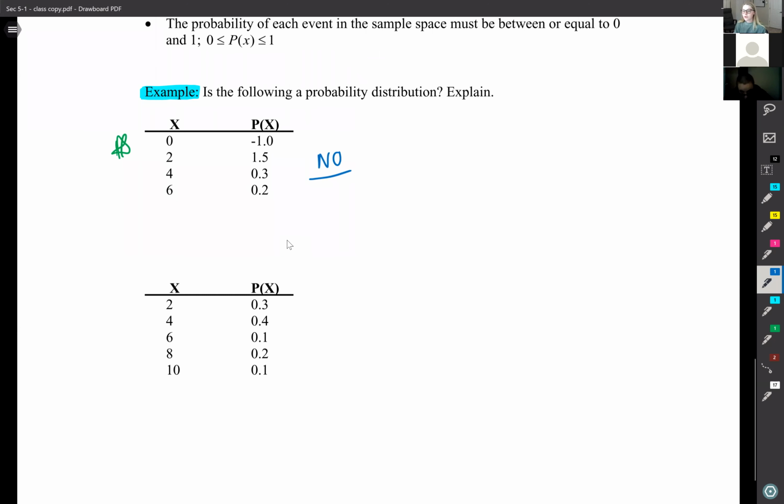Okay, and then why don't you guys try the second example and do the same thing. When you come up with a conclusion, chat me your answer, and then we'll talk about it.